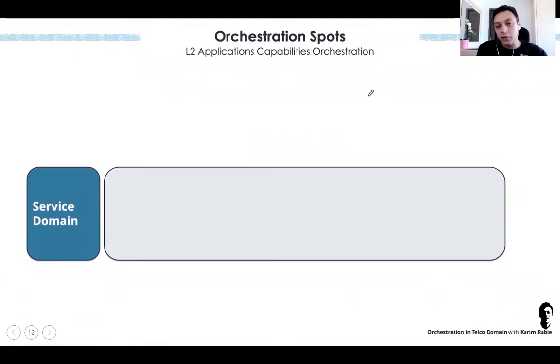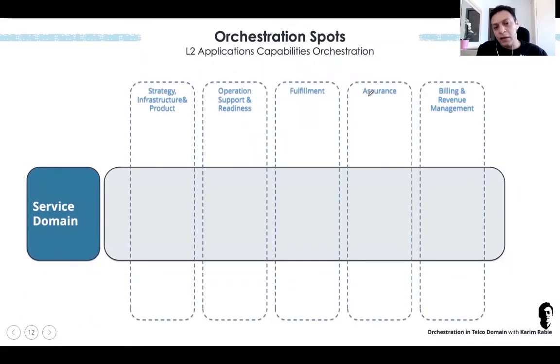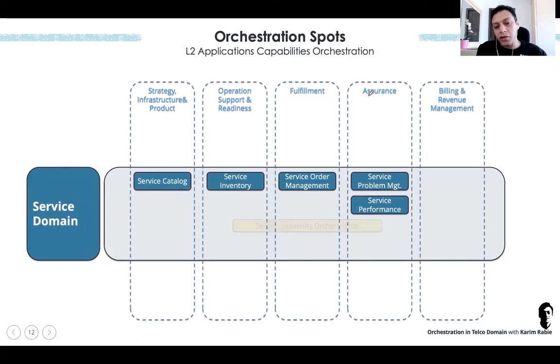The other spot for the orchestration is that you can find the orchestration as some sort of horizontal capability that spans across multiple processes in a certain domain. And what does that mean? And why is that a more practical approach to map to commercial products?